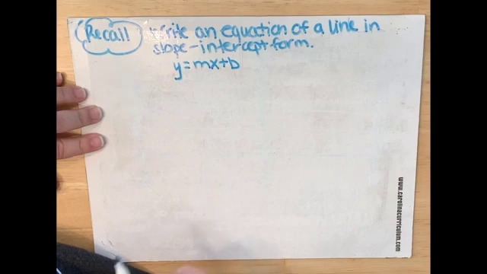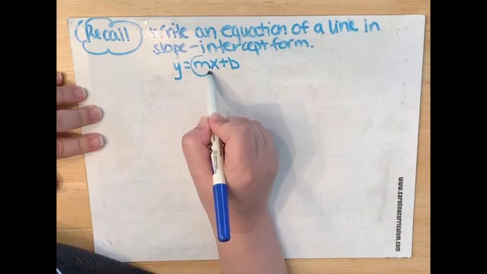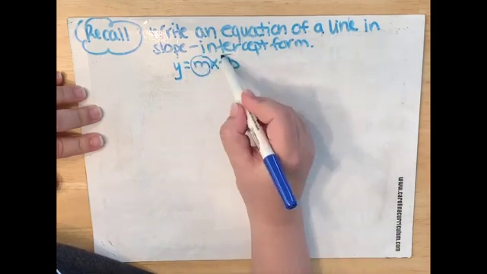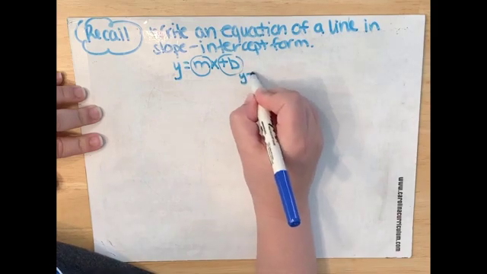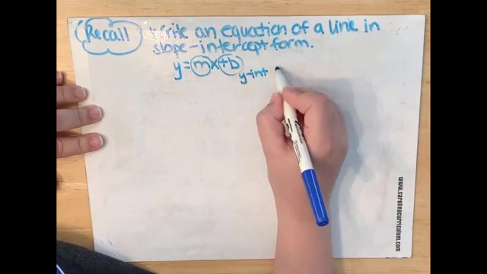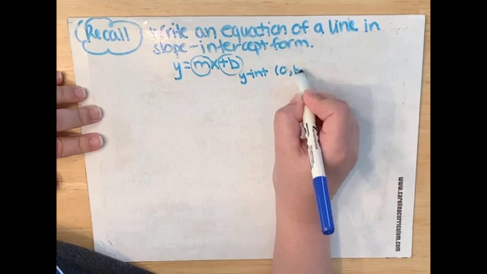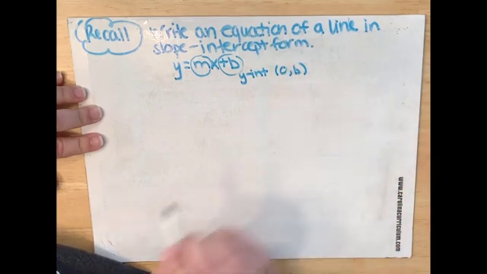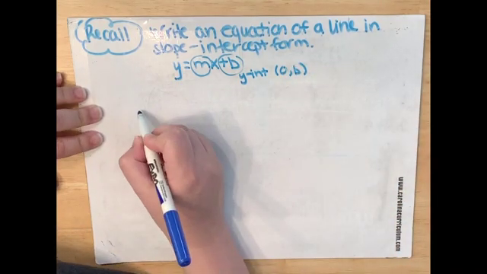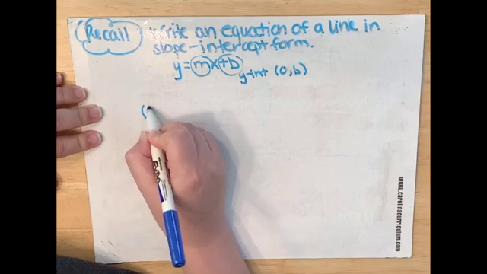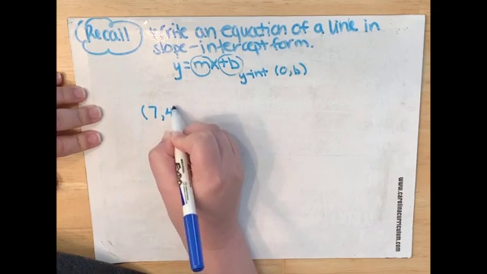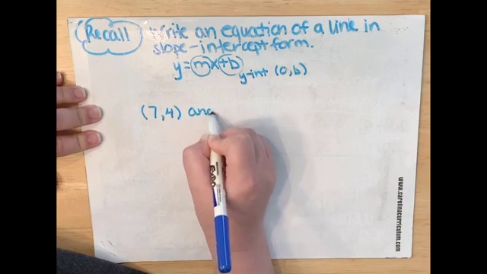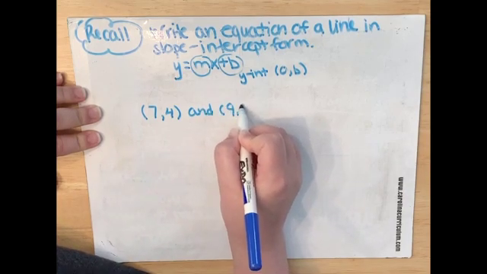So to write an equation in slope-intercept form, we need to find the slope, and we need to find the y-intercept. Remember, the y-intercept is the point on the y-axis, (0, some number). So for our recall problem, let's do (7, 4) and (9, 8).